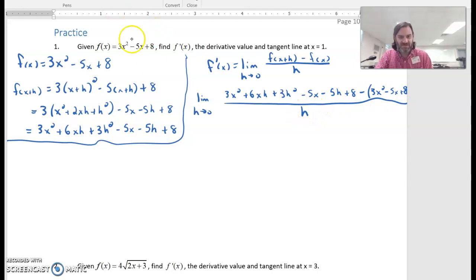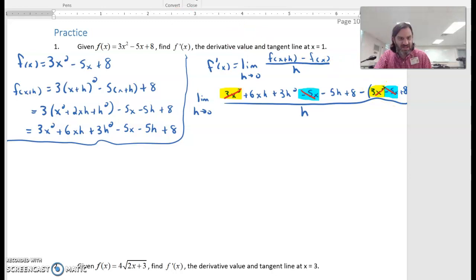So let's look at what we've got here. Up top we've got some terms. We've got 3x squared from the first part, and we've got a minus 3x squared from the second part, which will knock each other out. We've got a minus 5x from the first part, and a minus 5x from the second part, which will knock each other out.